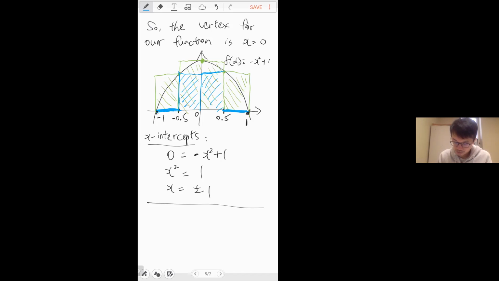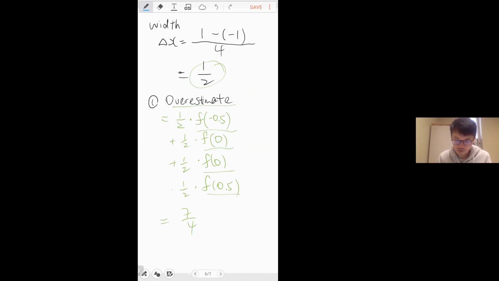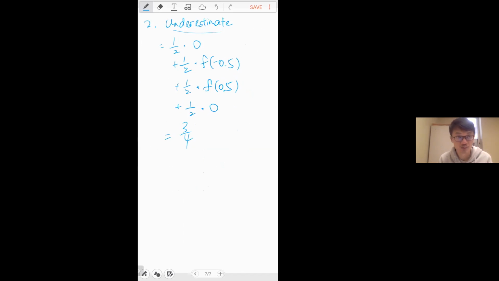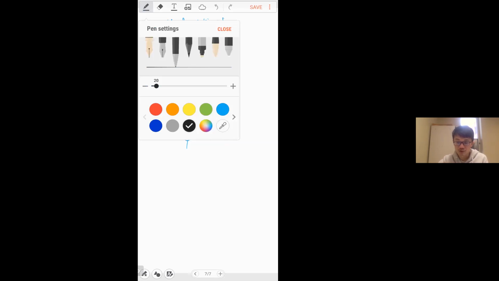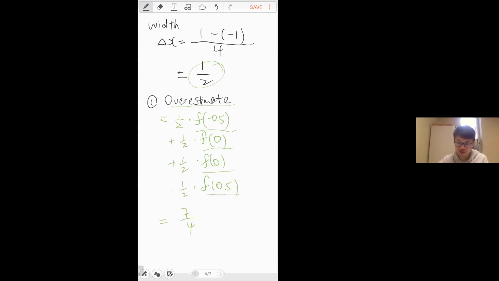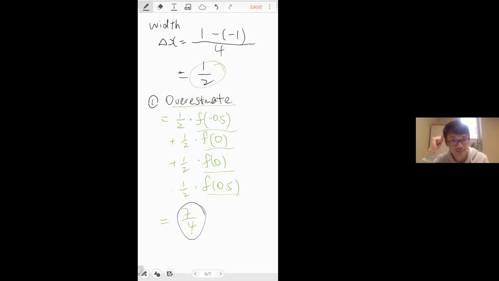Okay, so now we compute. So I computed the overestimate to be 7/4, and then the underestimate to be 3/4. What can you say about the exact area under the graph? If I ask you to use these two numbers to describe the exact area under the graph, overestimate means that you're overestimating the area.